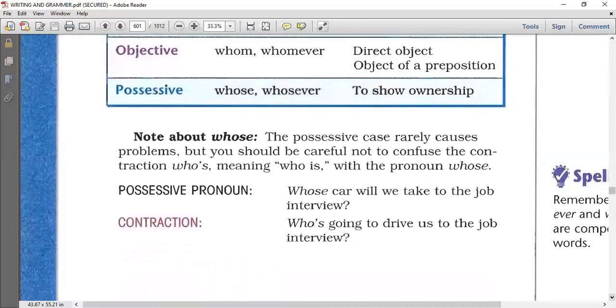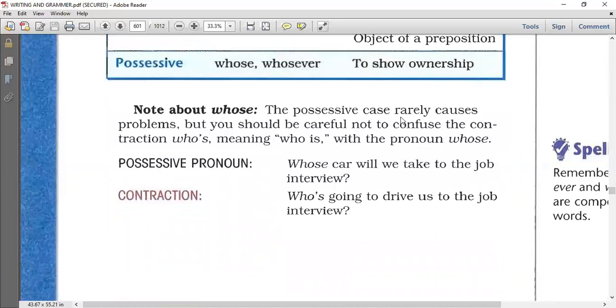Note about whose. The possessive case rarely causes problems. But you should be careful not to confuse the contraction who's, meaning who is, with the possessive pronoun whose. Possessive pronoun: whose car will we take to the job interview?